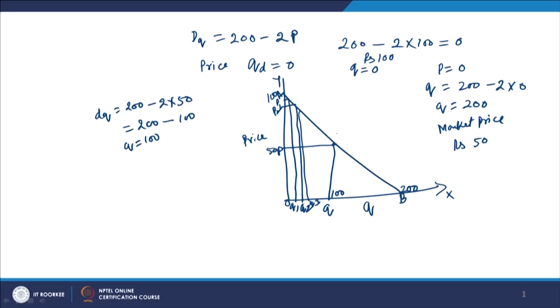So, obviously, now you can see that if the consumer is buying 100 units at market price rupees 50, then how much is the consumer actually paying? You can see this area, I can put here say M point.